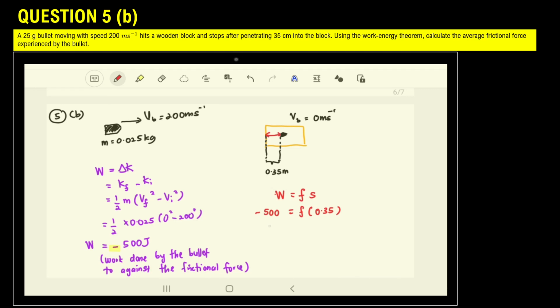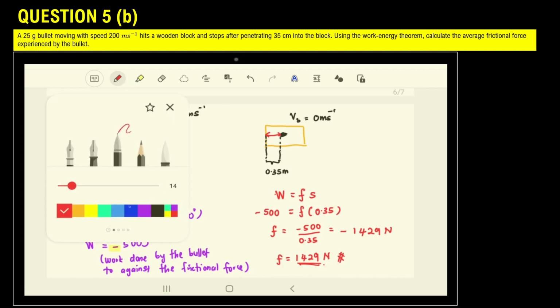So the frictional force is equal to negative 500 over 0.35, so the answer is negative 1429 Newton. The average frictional force experienced by the bullet is 1429 Newton, and the direction is always opposite to the direction of the motion.